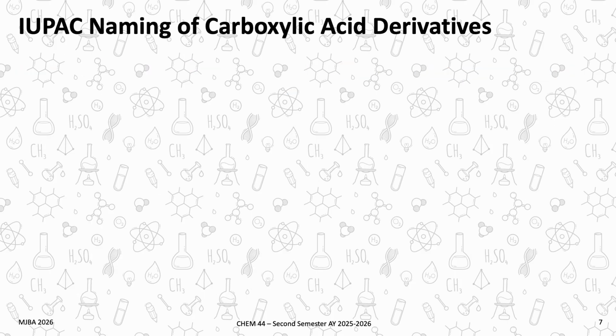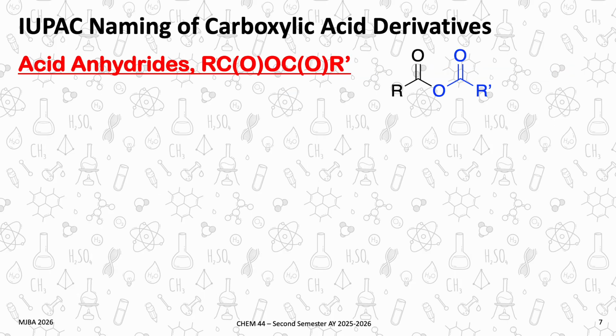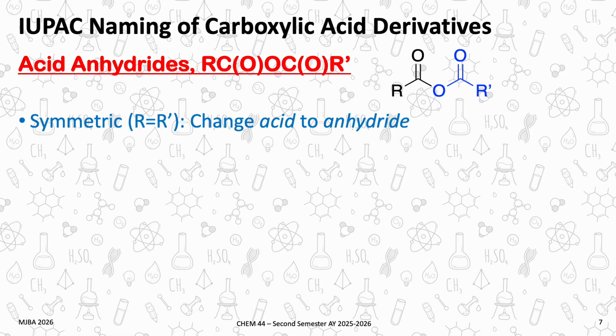Now, for the acid anhydride, there's one situation wherein the R group is equivalent to the R prime. So that's a symmetric acid anhydride. So since both sides are equivalent, the naming is quite simple.